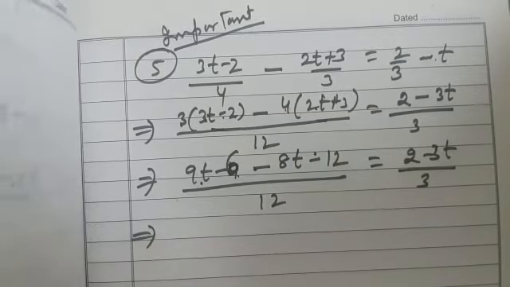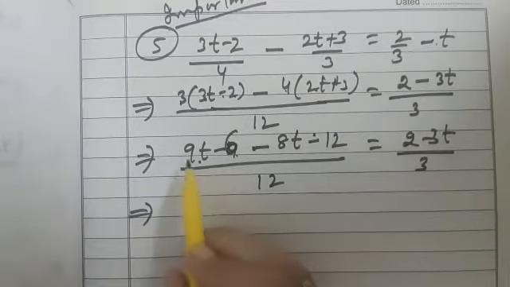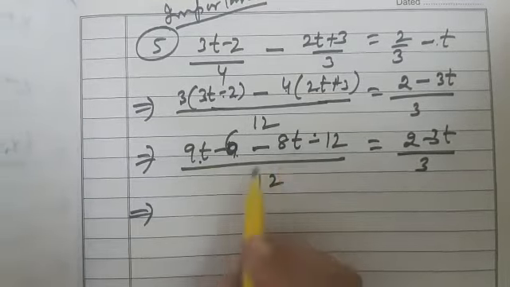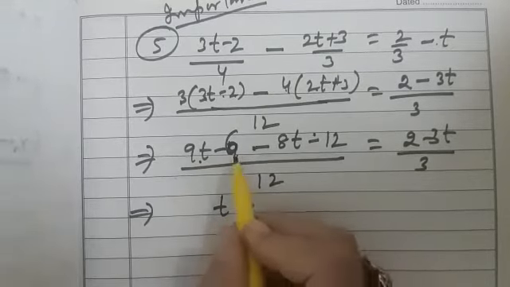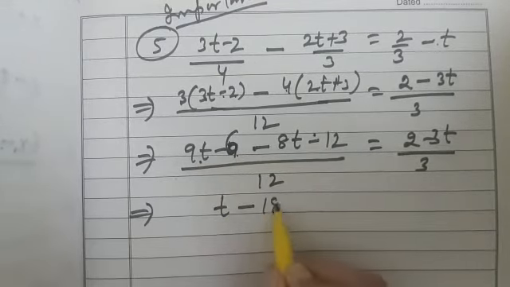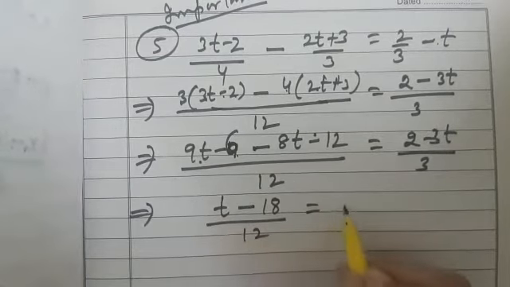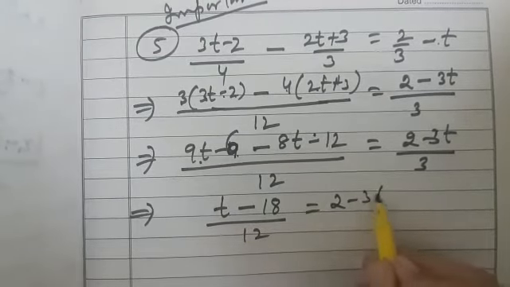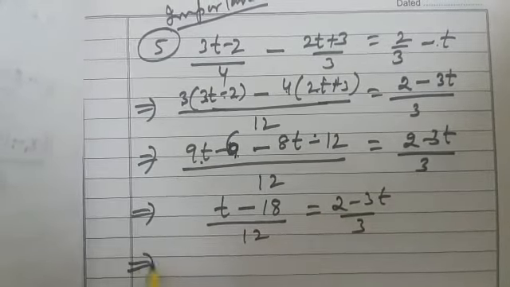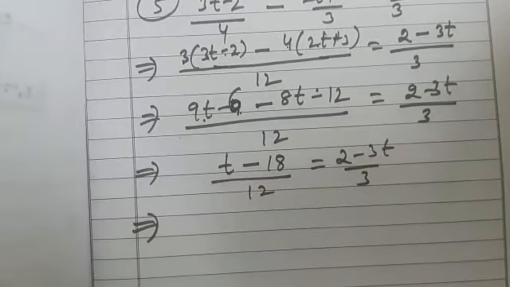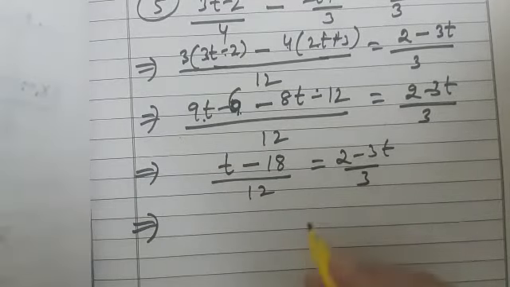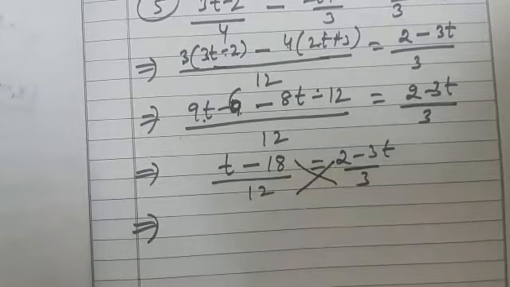Let us simplify it further. 9t minus 8t, t will come, and minus 6 minus 12 is minus 18 upon 12 is equal to 2 minus 3t upon 3. Now you see again we get this situation where we need to do the cross multiplication.